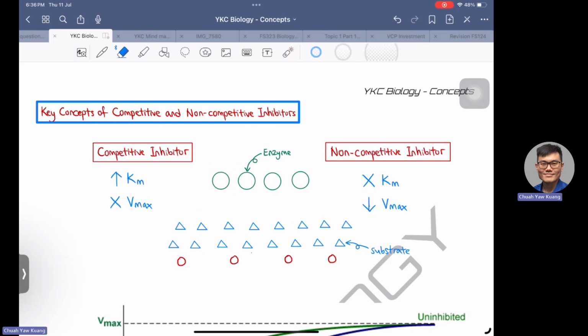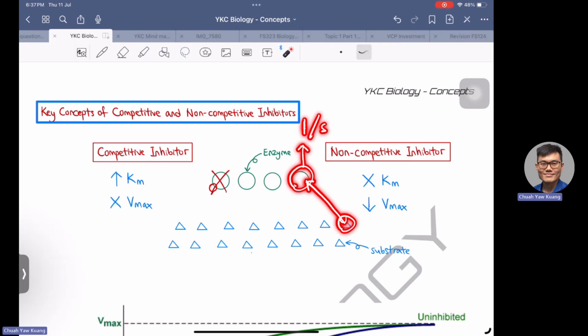So let's say I add one non-competitive inhibitor, it will directly bind with the allosteric site and shut down this enzyme. When the enzyme is shut down, let's say one enzyme can bind with one substrate to produce one product in 1 second. So the rate of reaction would be 1 per second.